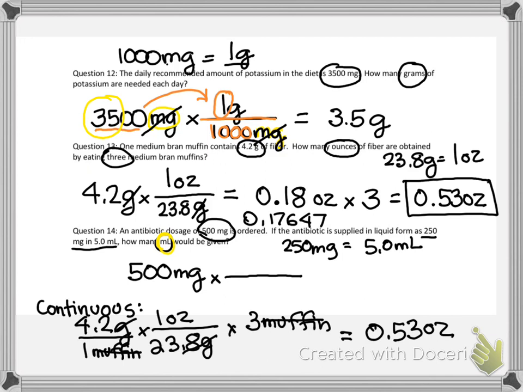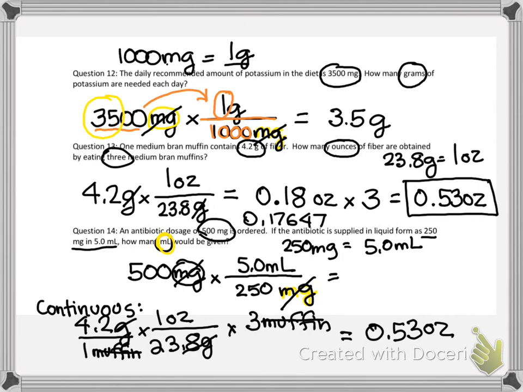So my question for you in class would be, which part of my equality would I put on the bottom? And I hope at this point you're starting to realize that if I'm given milligrams, then the unit I want to put on the bottom is going to be milligrams. And the reason I would do that is so it would cancel. So I would put the 250 milligrams on the bottom and the 5 milliliters on the top, and that will cancel out the milligrams.